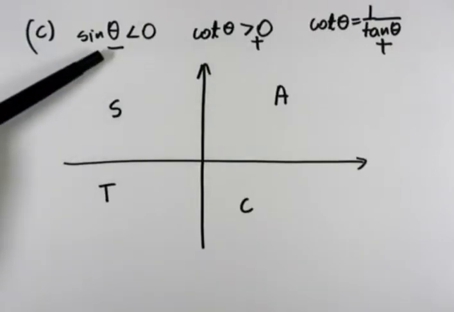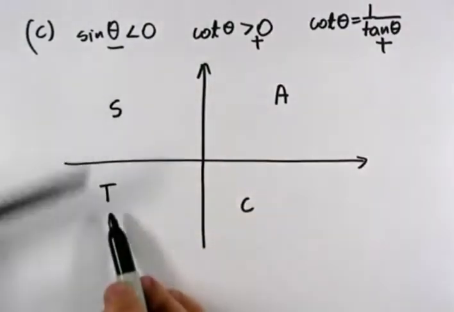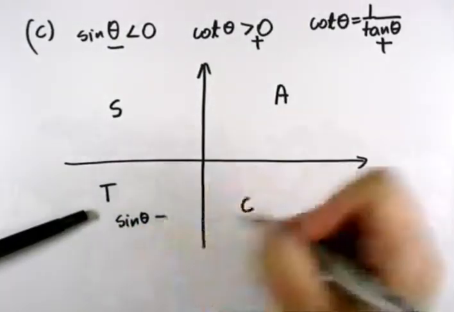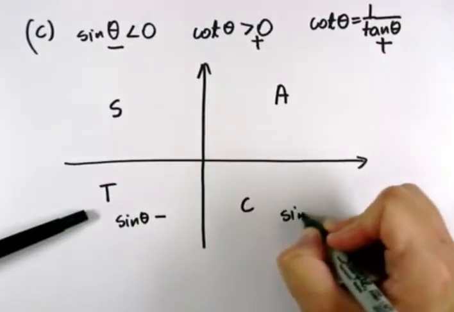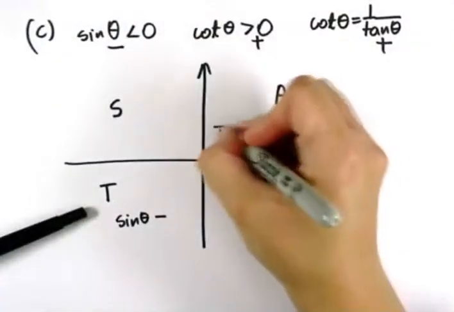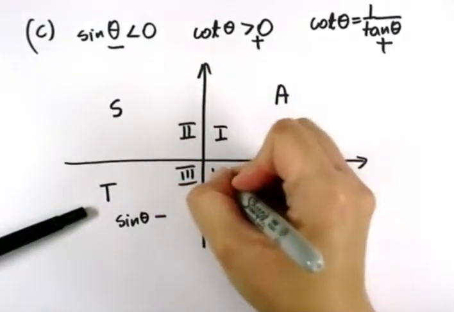All positive here, so sine is negative right here and right here, in the third and fourth quadrants.